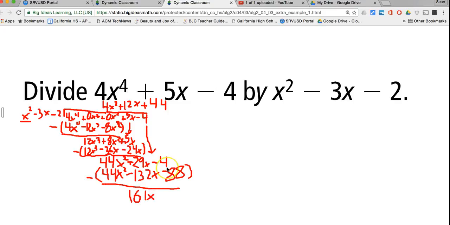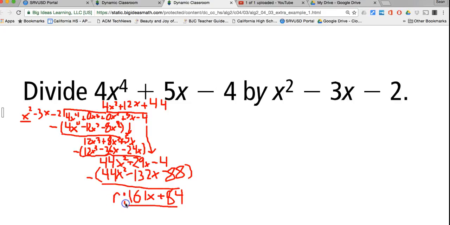And negative 4 minus negative 88 is negative 4 plus 88, so that is going to be plus 84. Now, we don't have any more values to bring down, so this is our remainder.